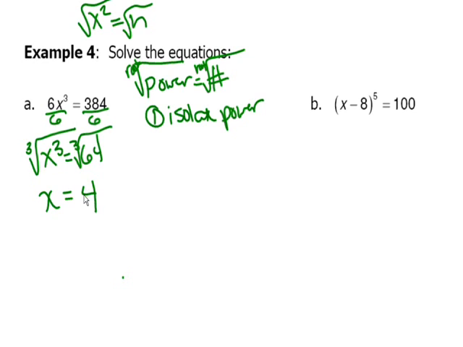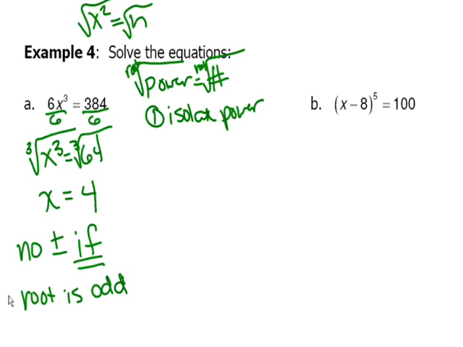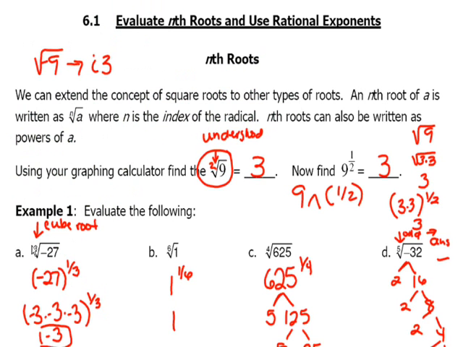Do I have to put the plus or minus? Let you think about that for a second. Okay. The answer is no. No plus or minus if, this is a big if, the root is odd, because we just learned that if we had an odd root, then the sign, whether it's positive or negative, was the same thing as the sign under the root.